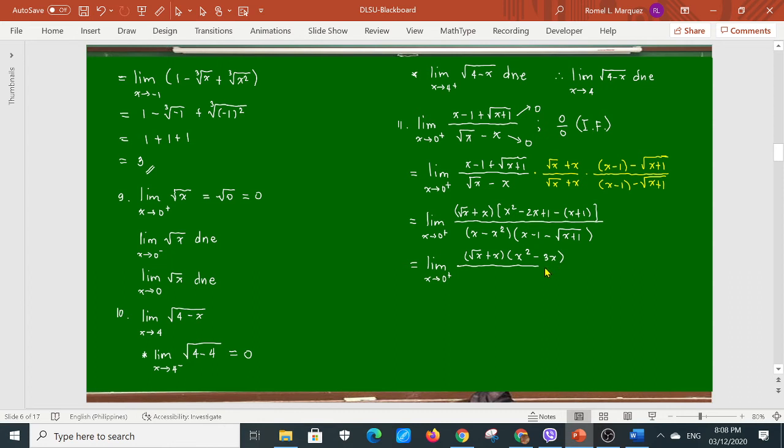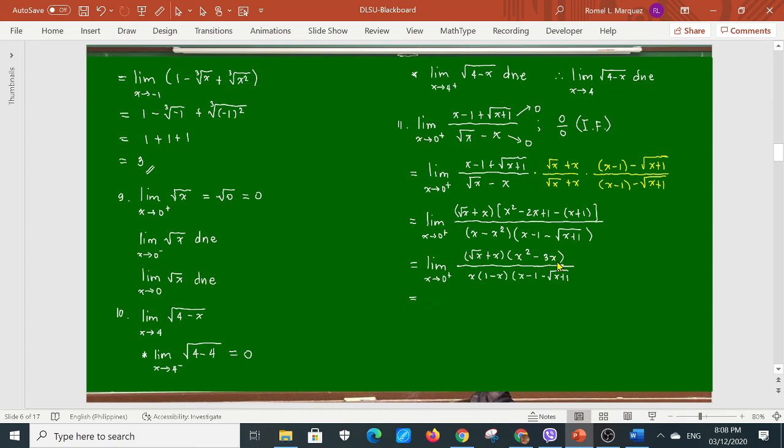Di ba yan lang? Yes, sir. O, denominator. Factor out na natin yung x, no? Isang factor na rin lang. 1 minus x. O, ito. Yan. X minus 1 minus square root of x plus 1. Yan. O, tingnan natin kung okay na.